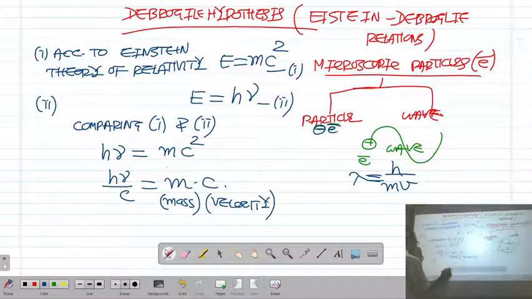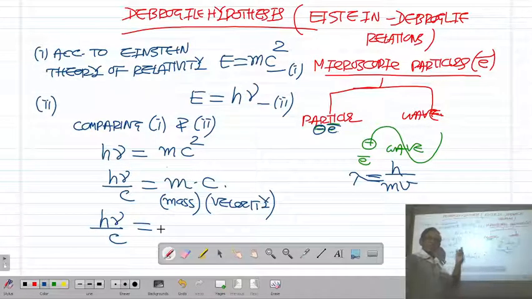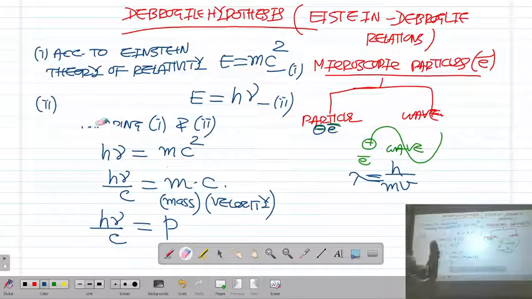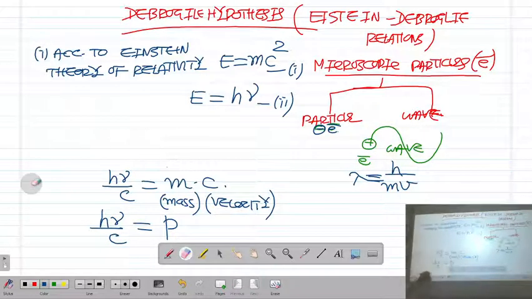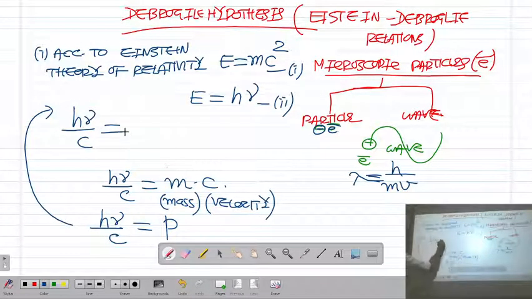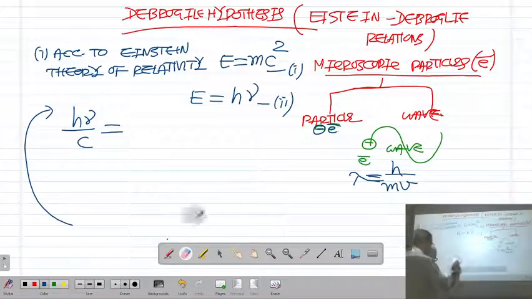The mass of the photon m into the velocity of the photon c is the momentum of the photon p. Therefore, h nu upon c is equal to p.